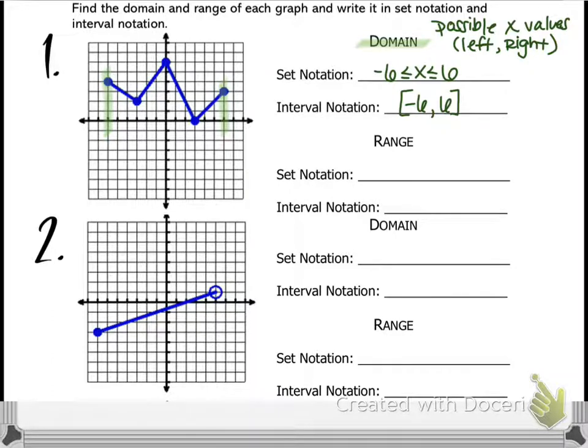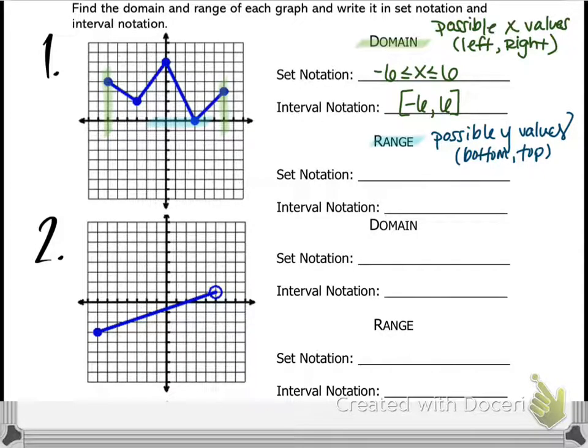So if we change our color, let's say we have blue for range, this is going to be our possible y values. And I like to think about this as from bottom to the top, because that is typically a good way to look at the range on the y-axis, because the y-axis goes up and down. So my bottommost point is going to be right here, and it actually corresponds with 0.